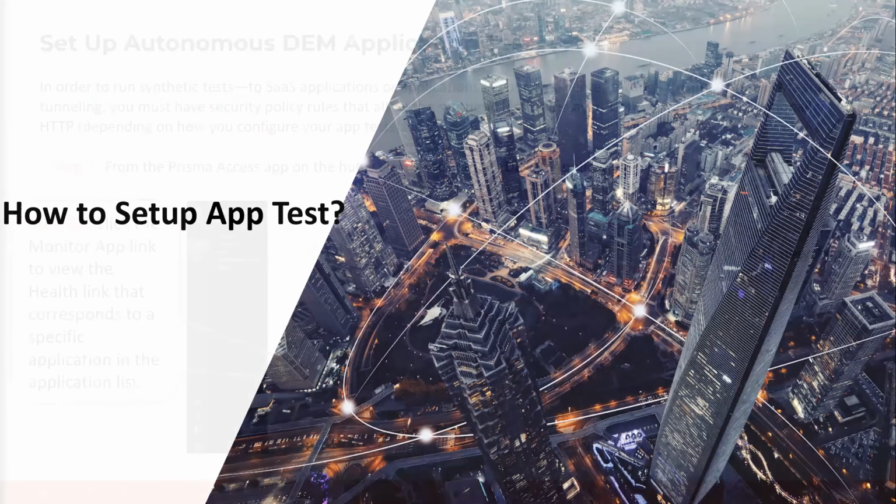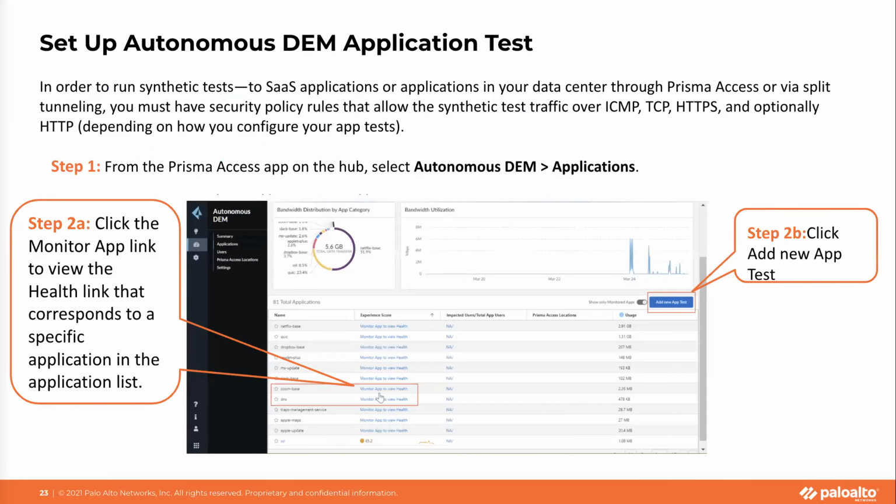How to set up a test? First of all, before setting up an application test, you should survey and make sure that you have all the information about running applications on your network. Then after you have all the details and surveyed all the applications and determined which application you want to monitor, you can create an application test.